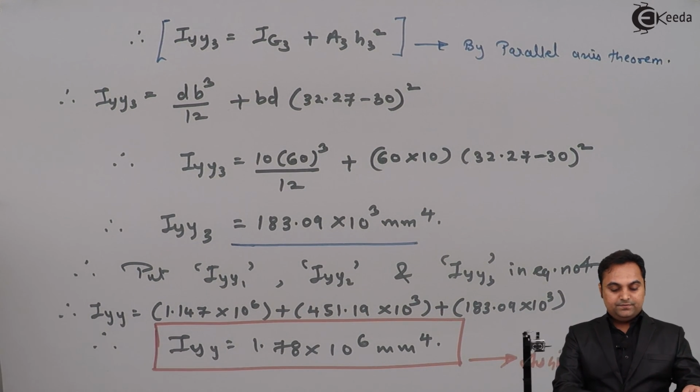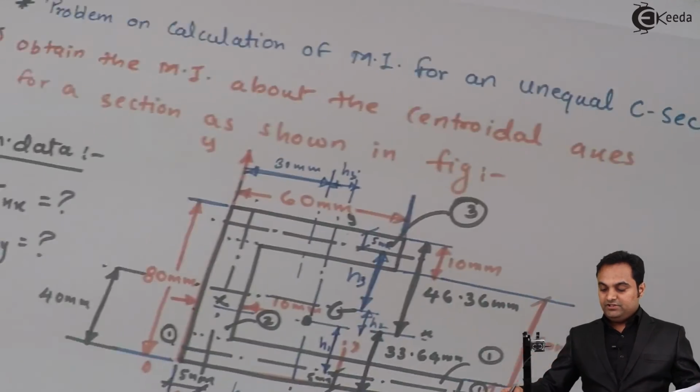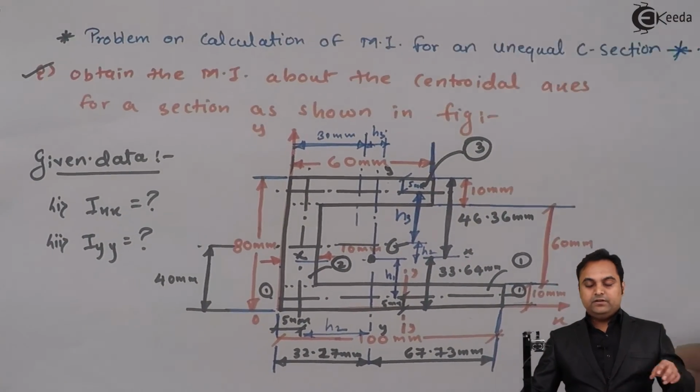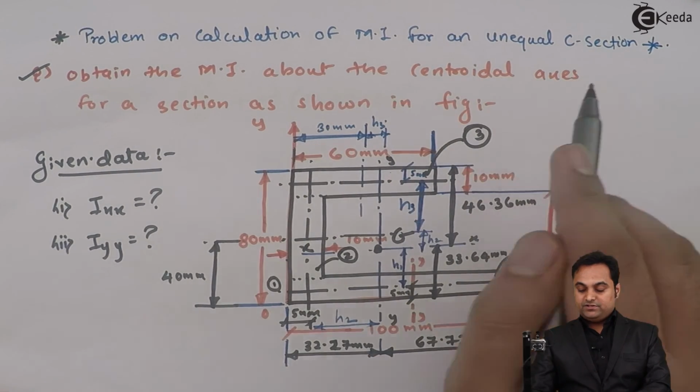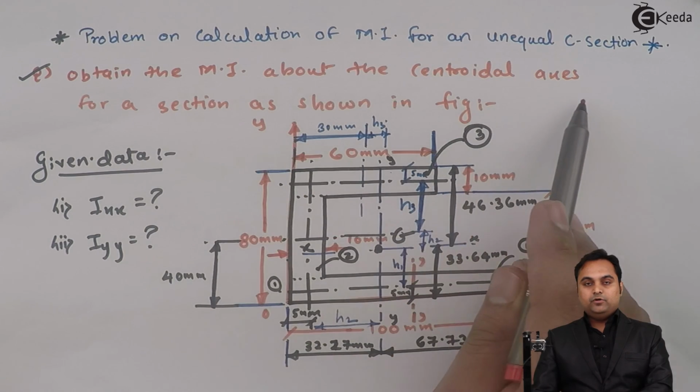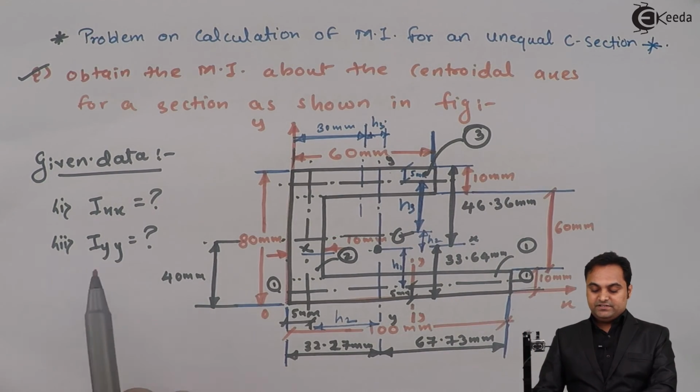The second answer. So if we see in this problem, they were telling us to calculate two things. The problem was on calculation of MI for unequal C-section, where we have to obtain the MI about the centroidal axis, that is XX and YY.